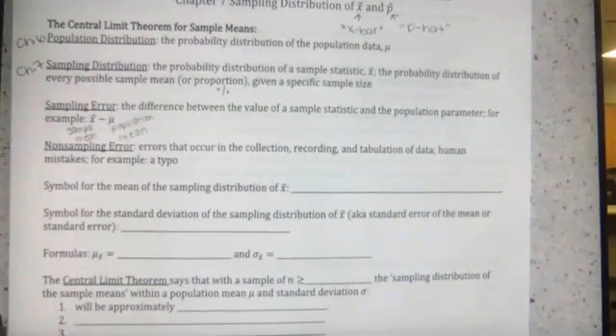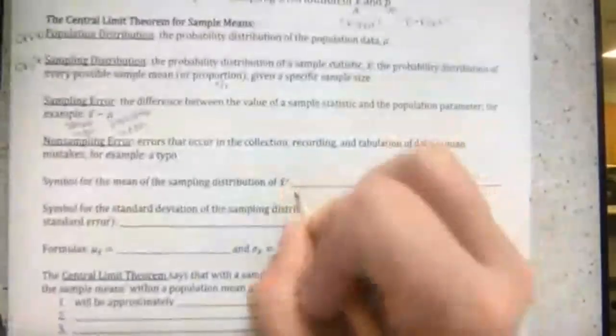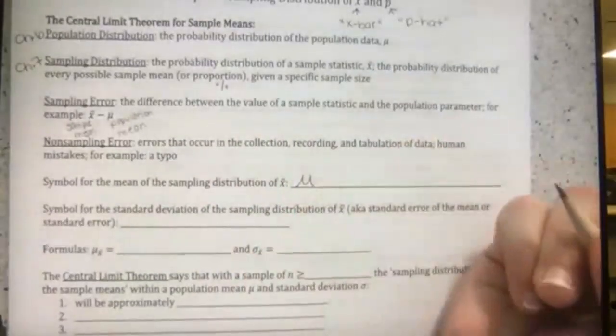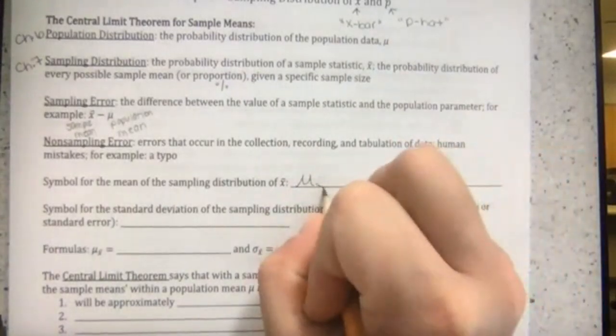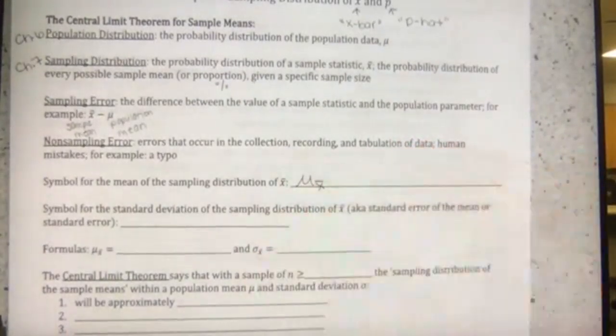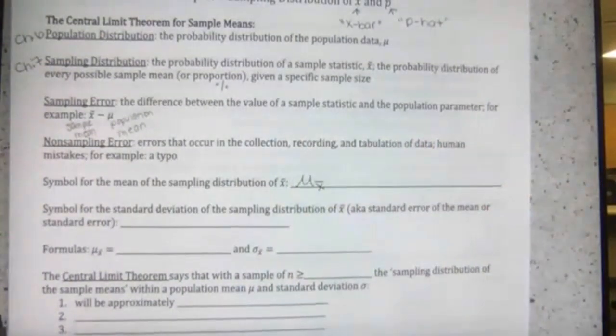So the symbol for the mean of a sampling distribution of X bar, I know it's a mouthful. The mean of the sampling distribution of X bar is going to be, our mean is mu. But for a sampling distribution of X bar, we're going to show that by doing a little subscript of X bar.